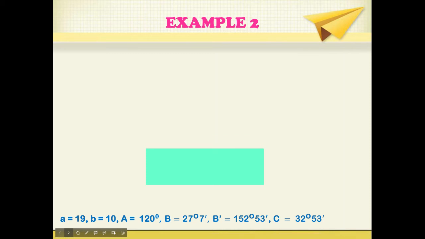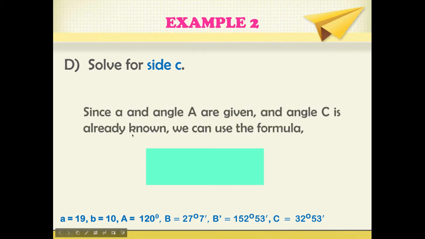So let's solve for side C this time. Since side A and angle A are given and angle C is already known, we can use the proportion or this formula, sine C over C equals sine A over A.